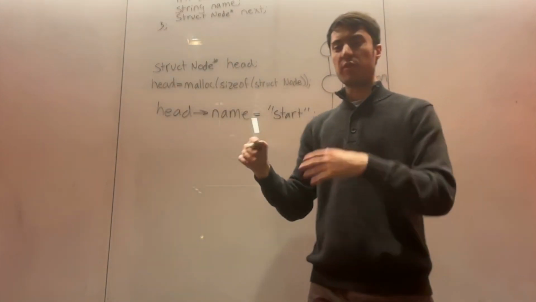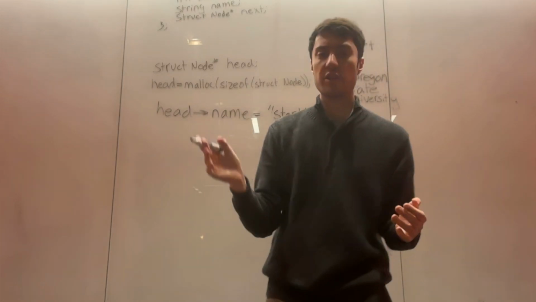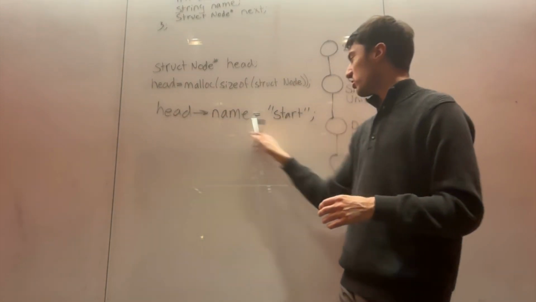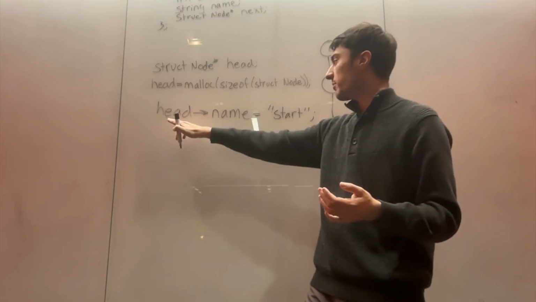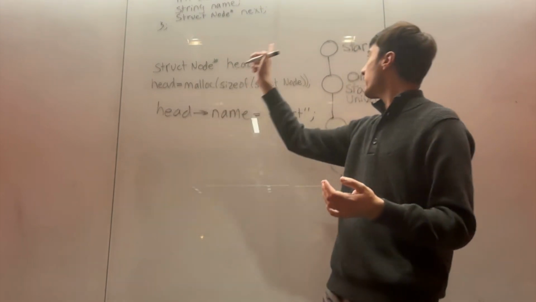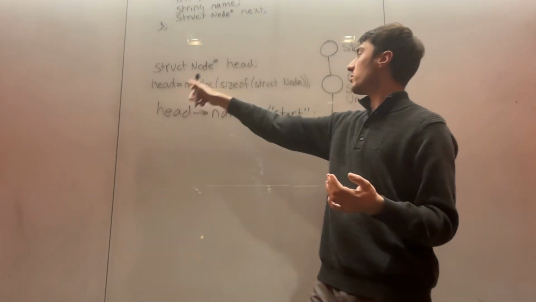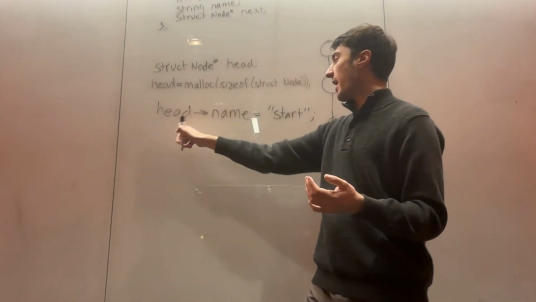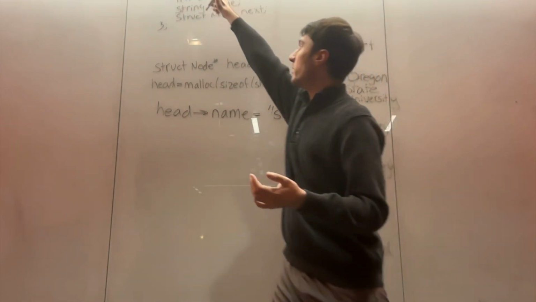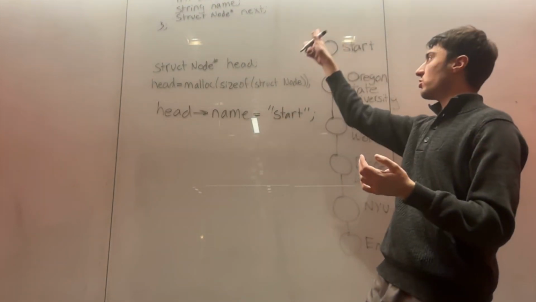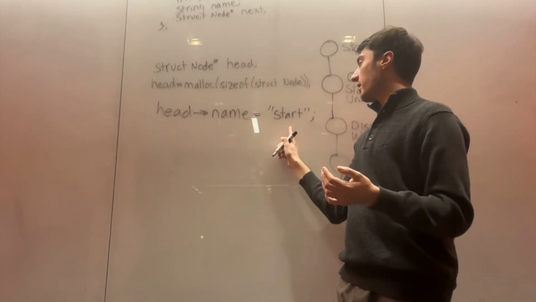Okay, so if you're doing C, you'll have to do a string copy or whatever, but I'm just doing this kind of notation so that you understand what's going on. So I'm taking the head, and head is right here because we just allocated it, and then I'm accessing the name element in this struct.